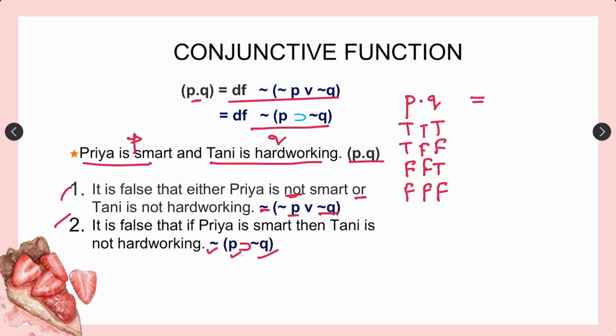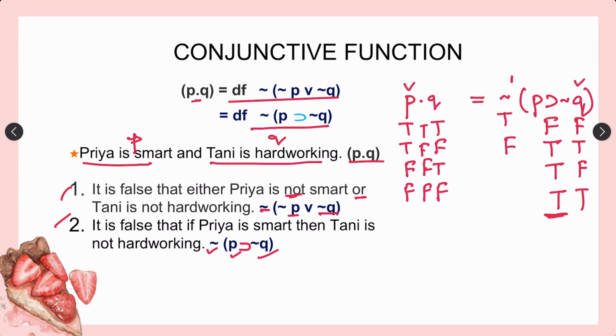Now let's write negation of P horseshoe negation of Q. Put in the values of negation Q: false, true, false, true. Let's solve it. P and negation Q: TF value is false, TT value is T, FF value is T, FT value is T. Now we have to take the negation of this, because the question has a negation. The negation of false will be true, and the rest will be false and false.